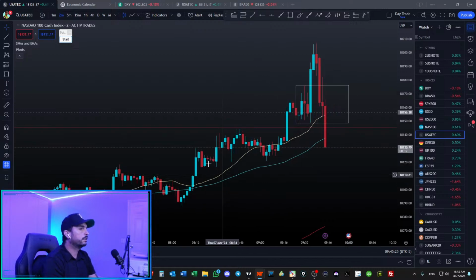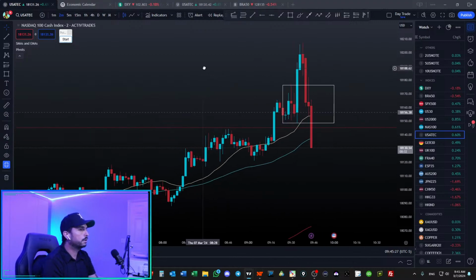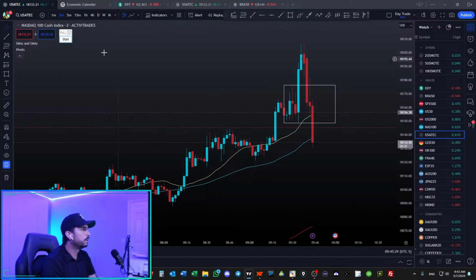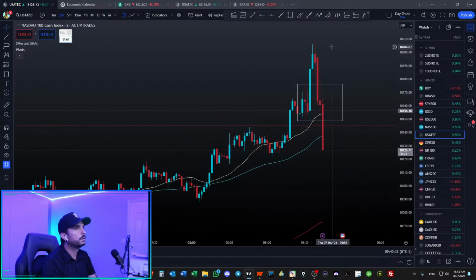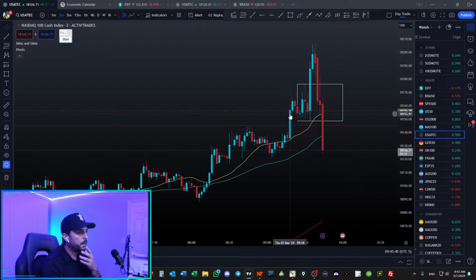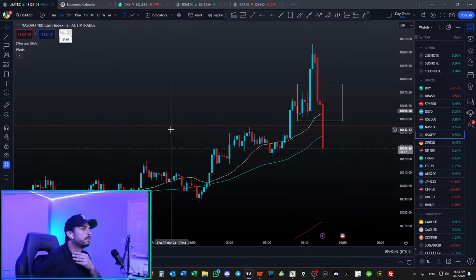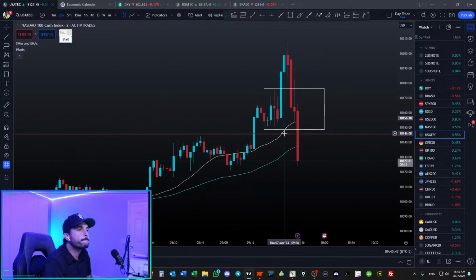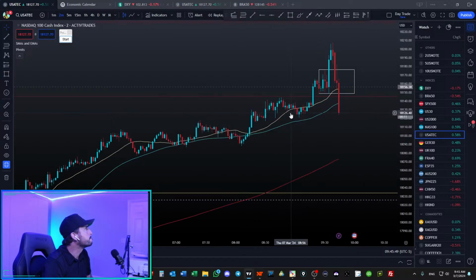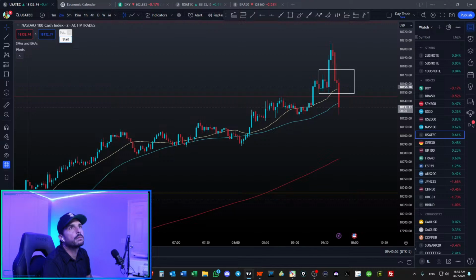That's fine if it goes. We've gotta wait for a little more confirmation on that. Maybe it just wants to go look for liquidity.